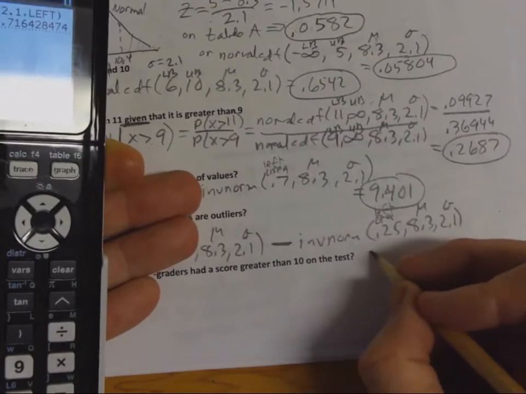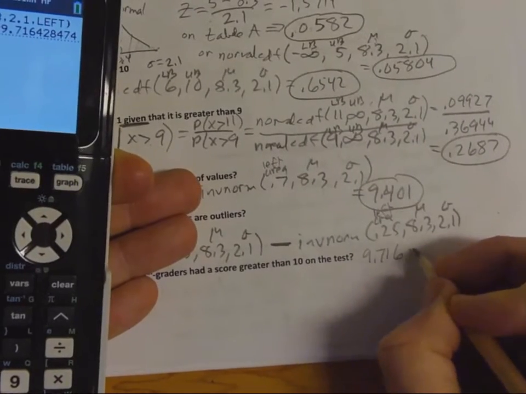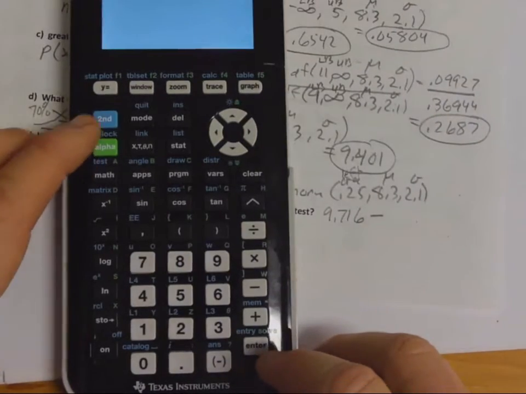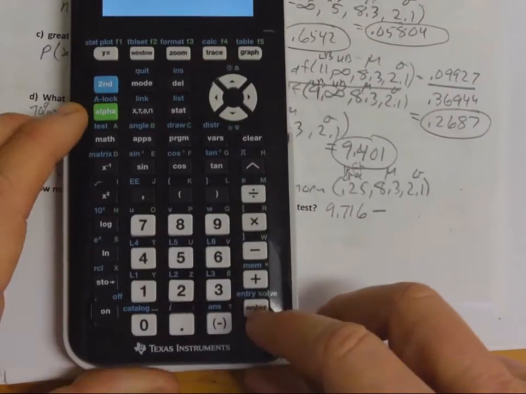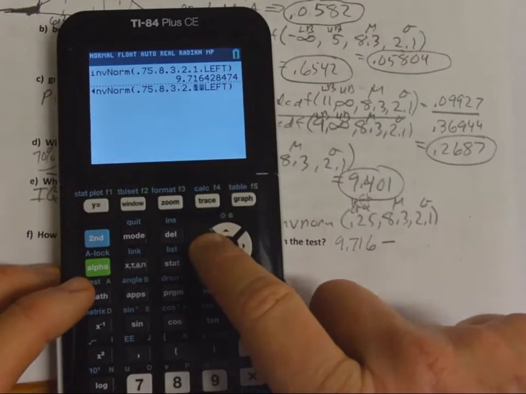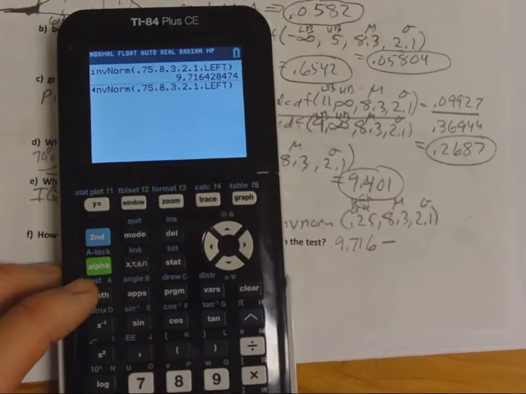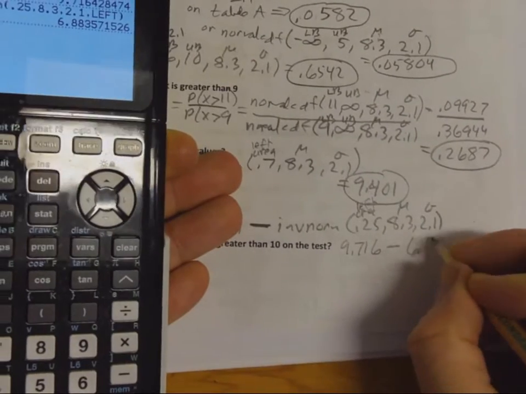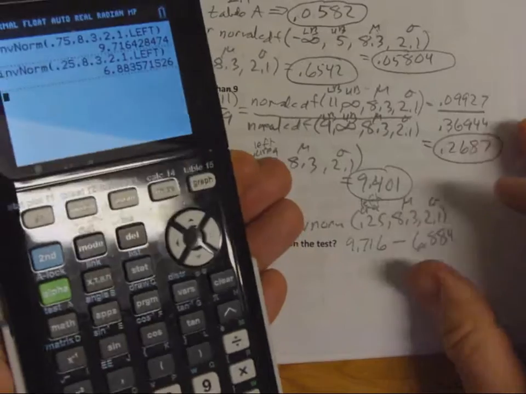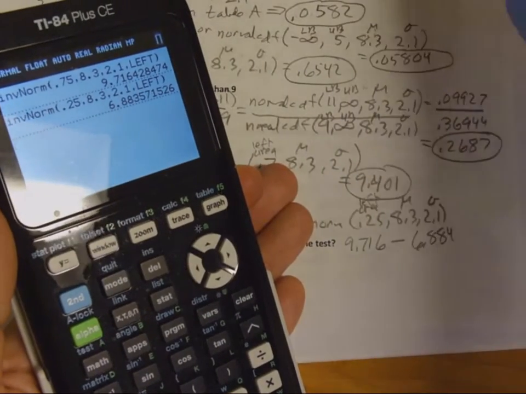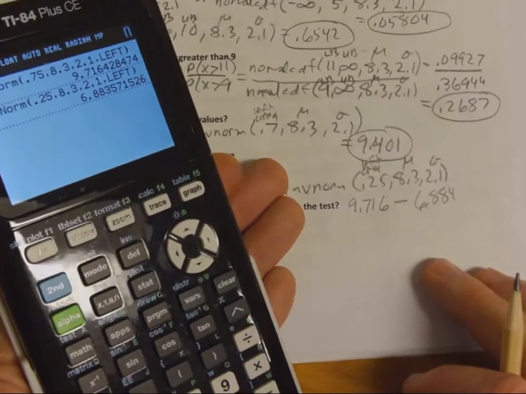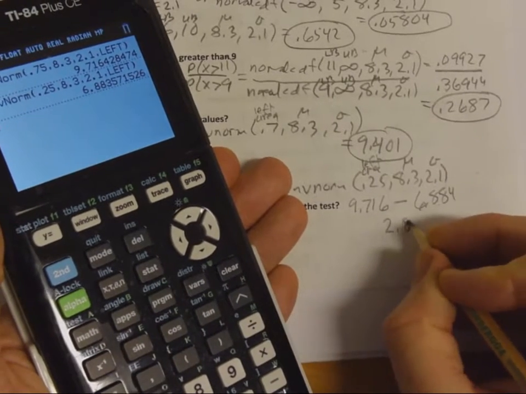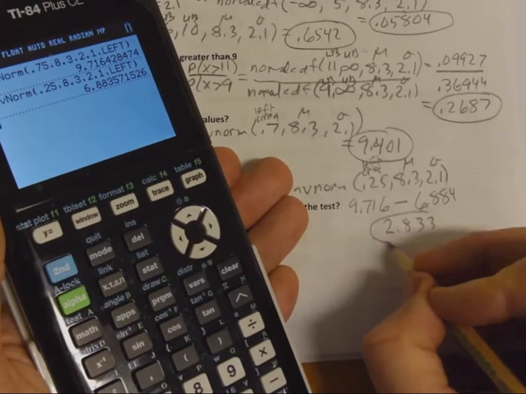So this is running out of room, 9.716 minus, and if I hit second entry, which enters the last command entries right above the enter button, I can just scroll over and change this to 0.25, and it's approximately 6.884. When you subtract those two things, the IQR would be 2.833. So that is the IQR.